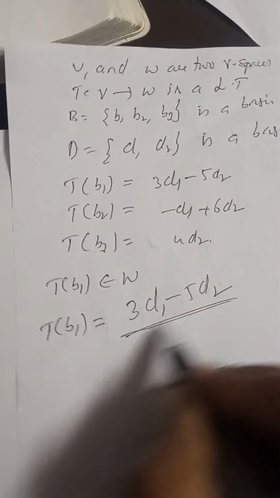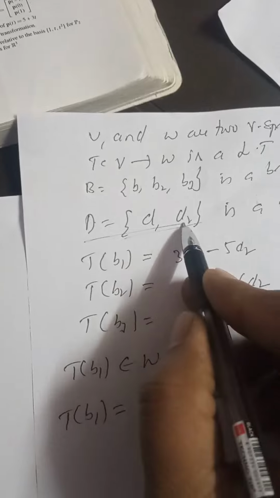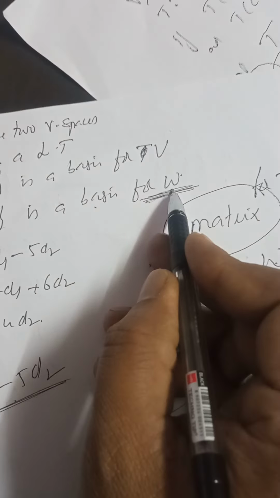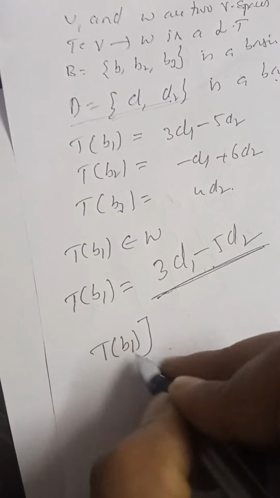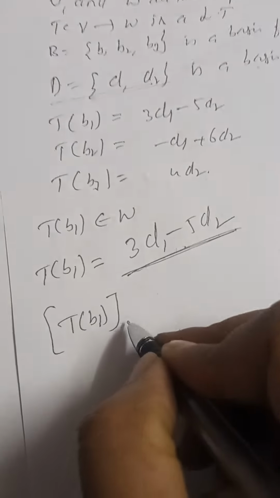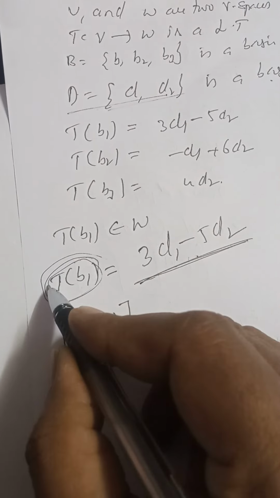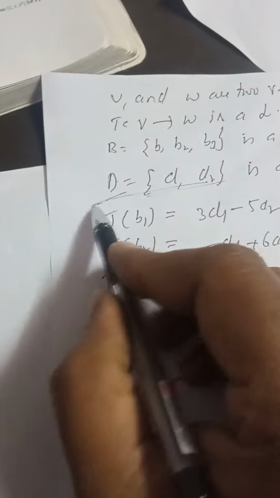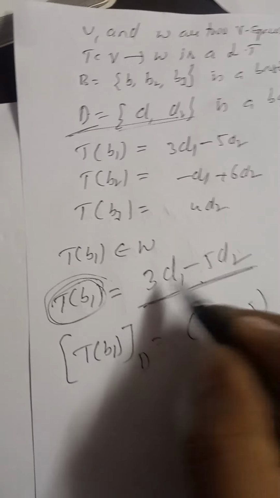It is a linear combination of the elements of D, which is a basis for W. Then what do we have to collect? Coordinates. What are the coordinates? Coordinates of T of B1 with respect to the basis D is equal to what? 3 comma minus 5, scalars.